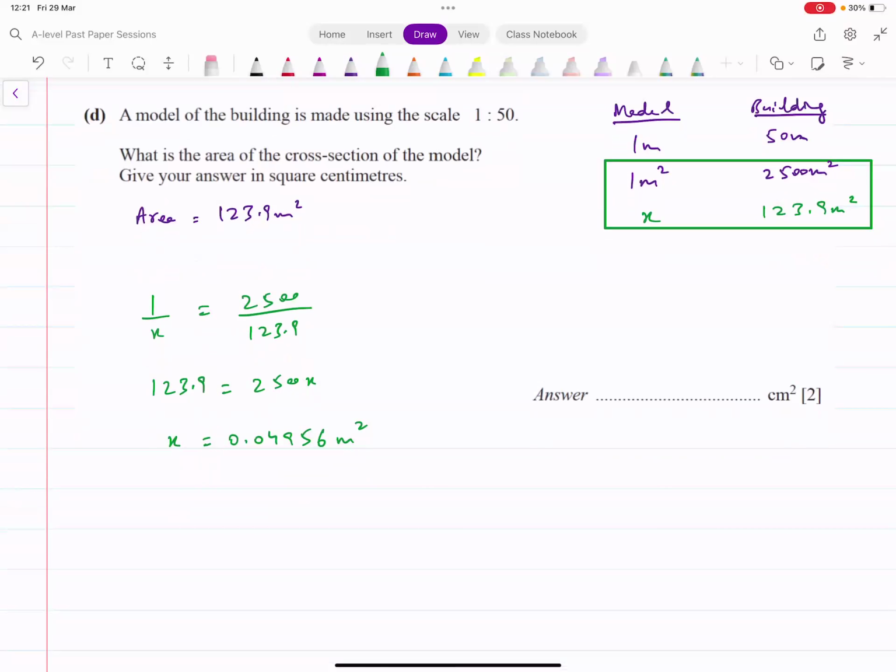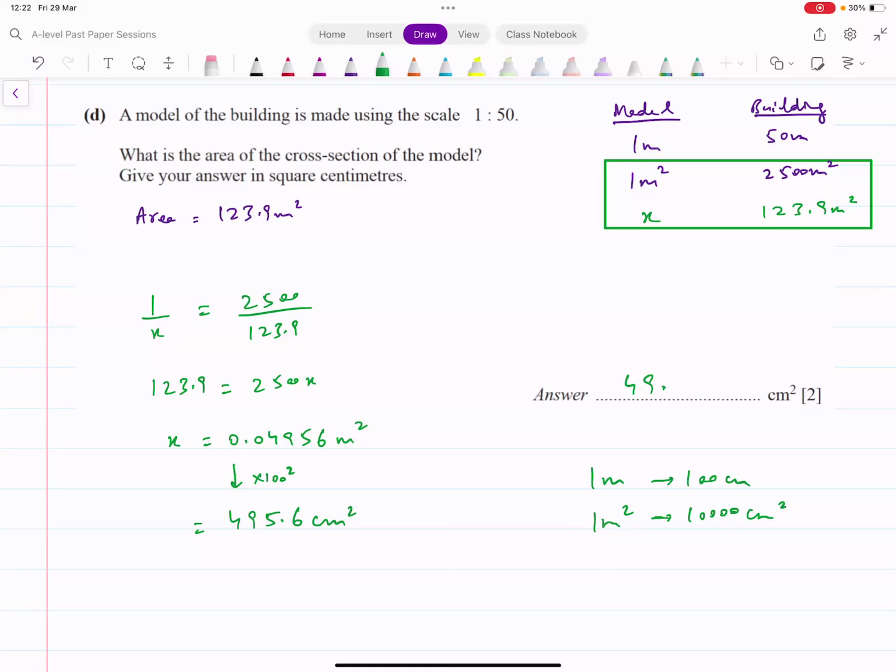Now we need to give our answer in centimeters square. 1 meter is 100 centimeters. What about 1 meter square? That's 100 into 100, 10,000 centimeters square. We just multiply this by 10,000, or by 100 squared, and that's giving me 495.6 centimeters squared.